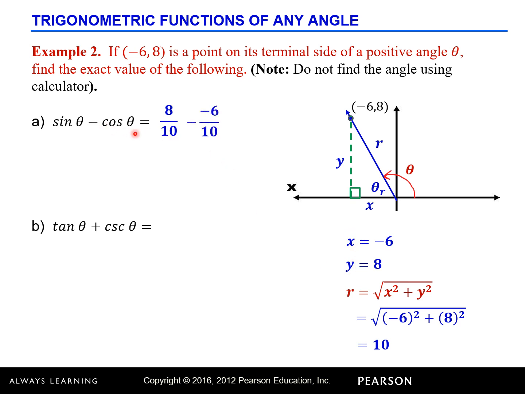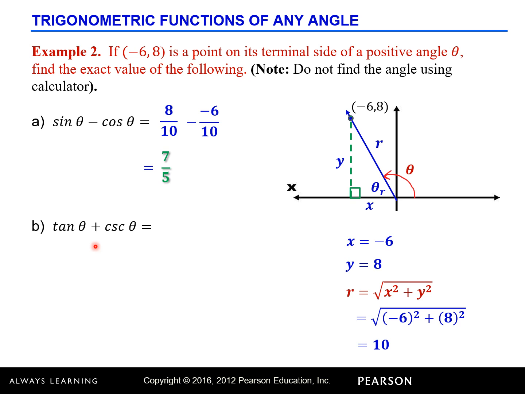The minus is the operation, and the cosine value is -6 over 10. Put this in the calculator and it will give you the answer, 7 over 5. Take note, your answer must always be in simplest form. So this is the answer for sine theta minus cosine theta.